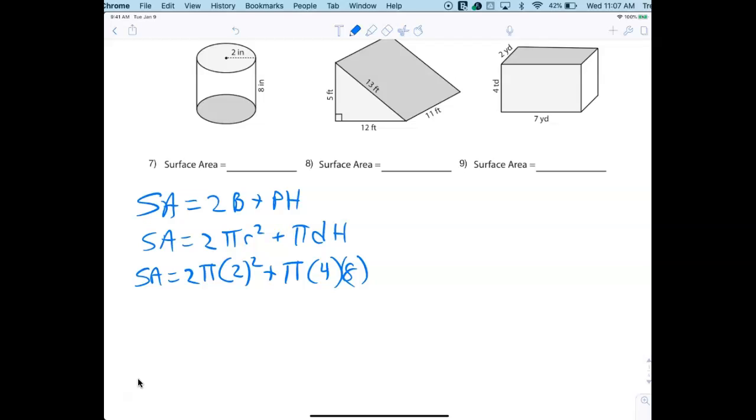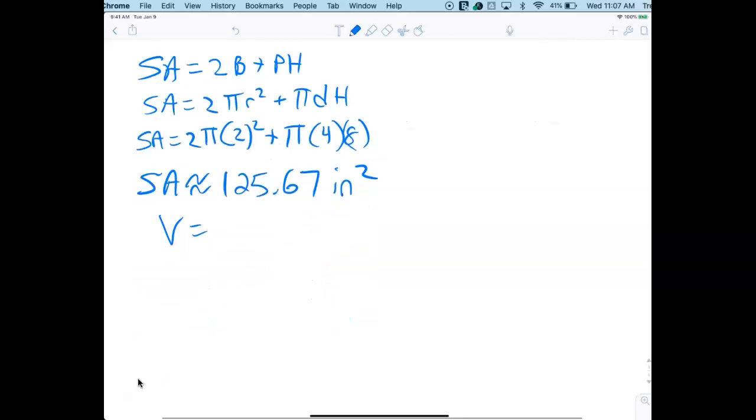Mr. Varner, how are you doing back there? I'm waiting for your answer. 125 point what? Anybody else get that? Yes. And then what units? Is everybody happy? Easy, right? Volume equals area of the base times the height.